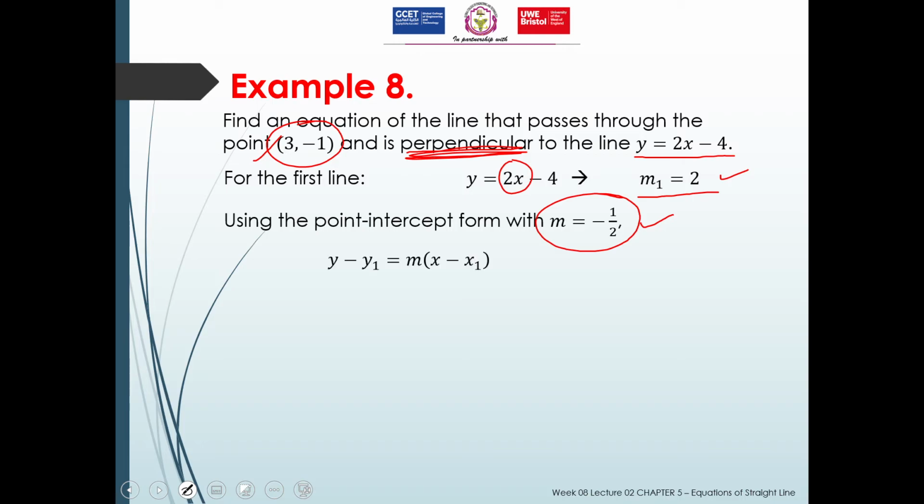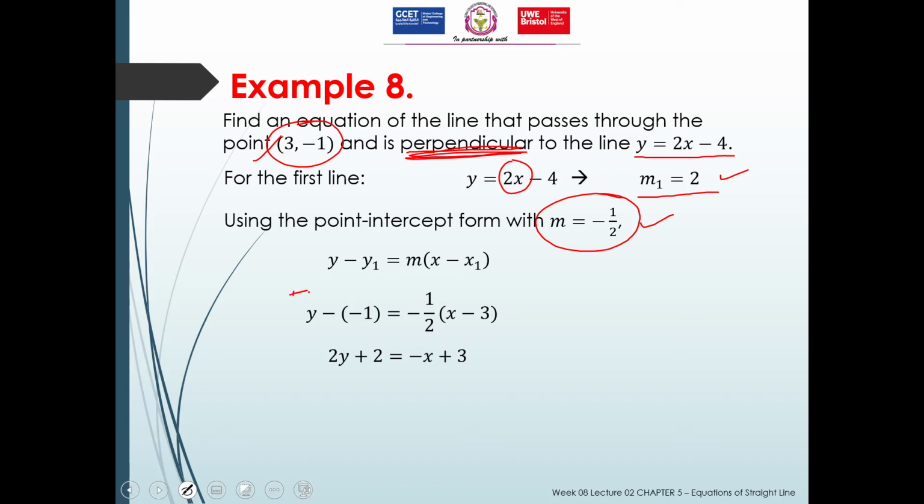So we can now use the gradient-point form of the equation of the line. So we get y minus y sub 1 equals m times x minus x sub 1. You just plug in these values here, m being -1/2, y sub 1 being -1, and x sub 1 equal to 3. So simplify.